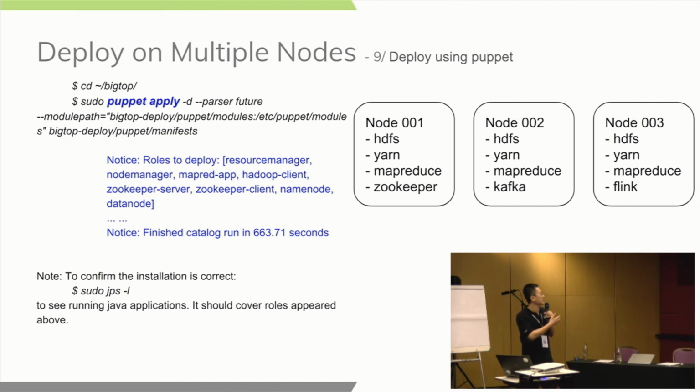Like on the master node, it will install the resource manager, but on the other slave nodes, it will not do that. All these logics are already programmed in the Puppet scripts, so you don't have to care about which roles go to which node.